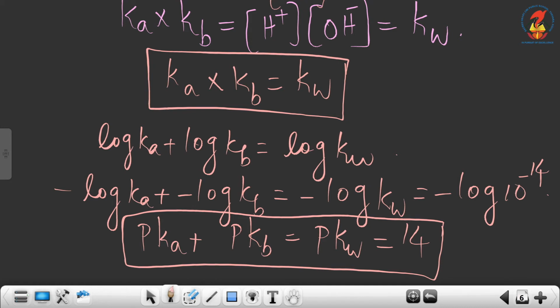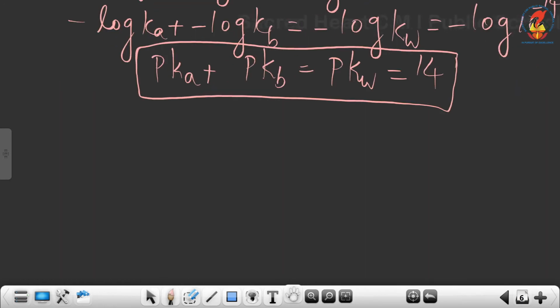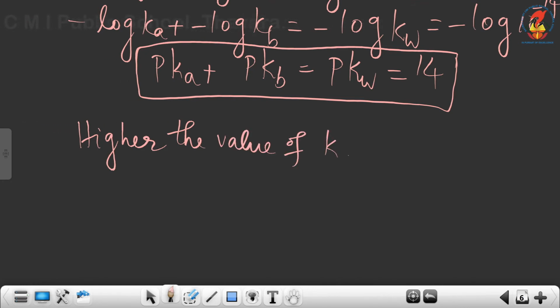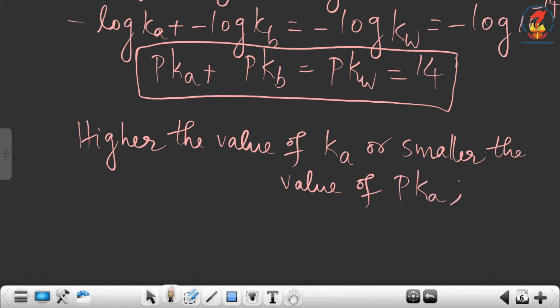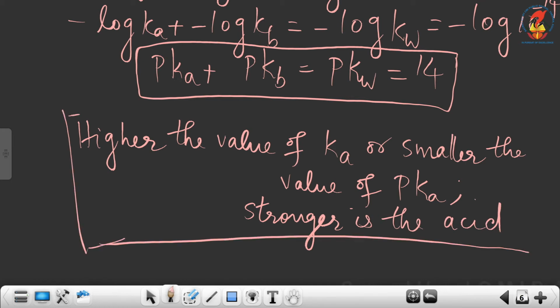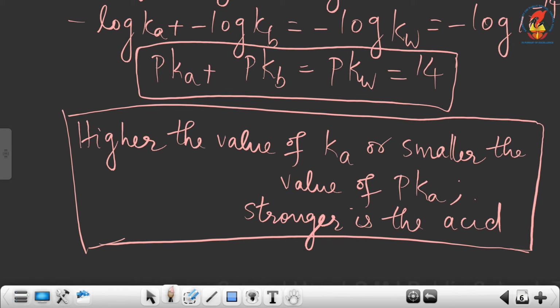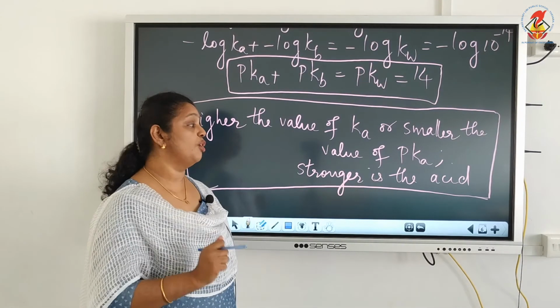Now you can predict the strength of an acid or a base depending on its Ka, Kb or pKa, pKb value, and the rule is this: higher the value of Ka or smaller the value of pKa, stronger is the acid. So this is for the strength of acid.